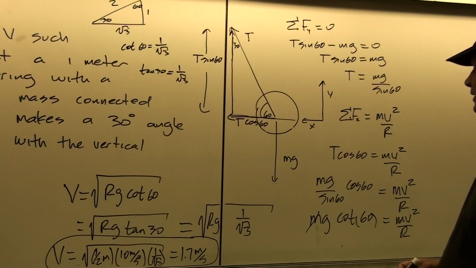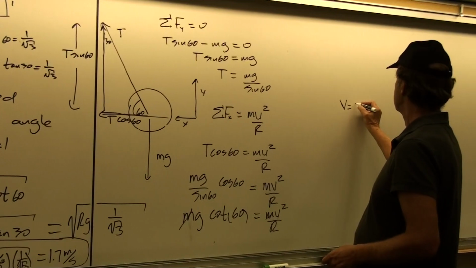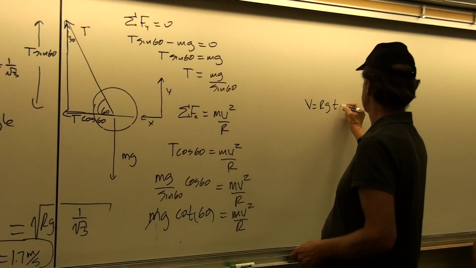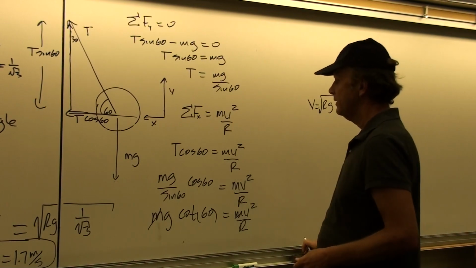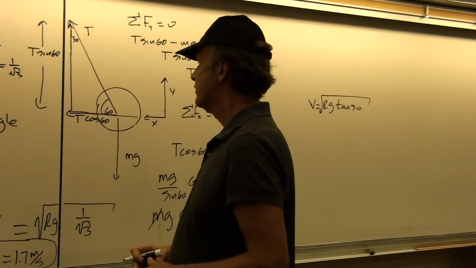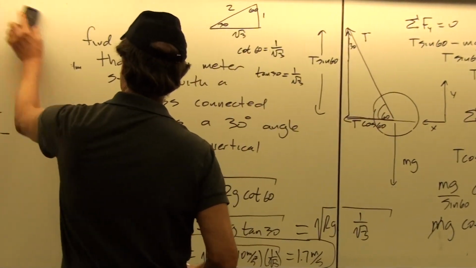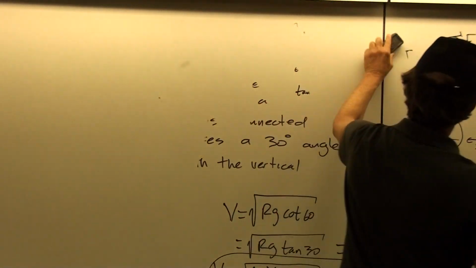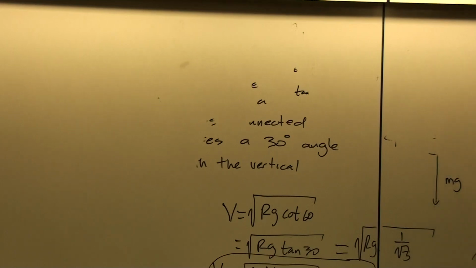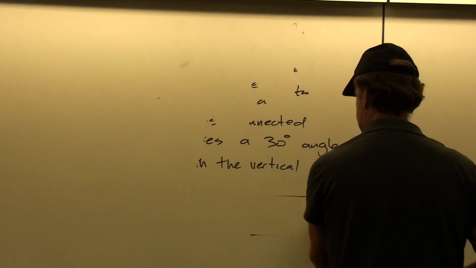Now, although this result, that the velocity is equal to the square root of rg tangent 30, is the solution to this problem, what we're going to see is that we have a similar problem mathematically that doesn't seem like it would be similar at all. And that is the banked race car track problem.